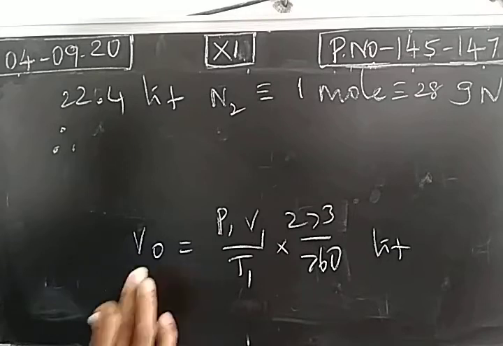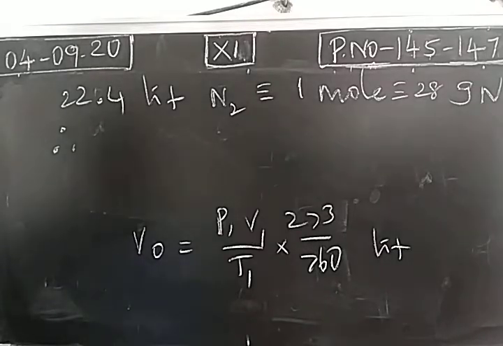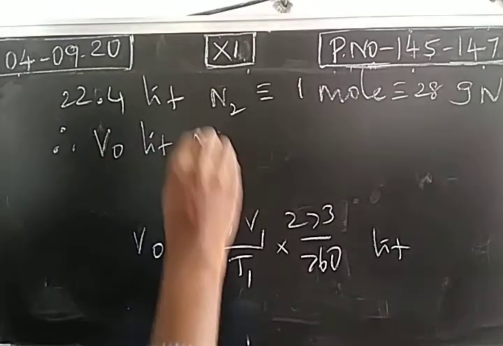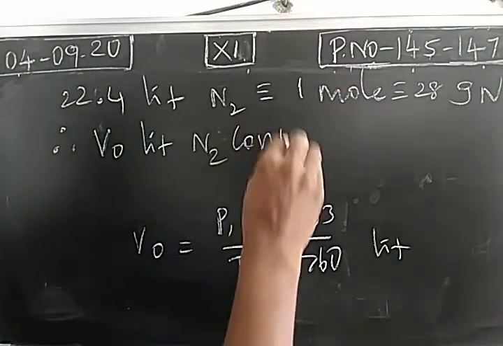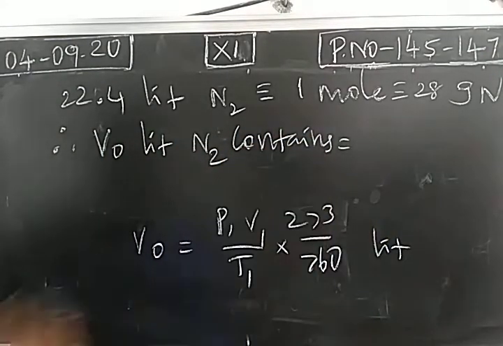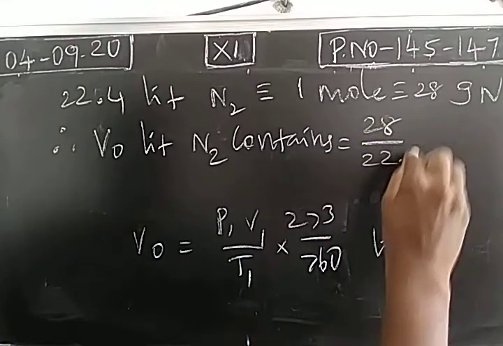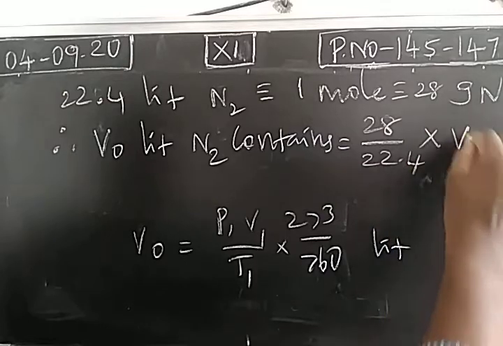That means V0 liter of nitrogen contains, what is the formula? 28 divided by 22.4 into V0.